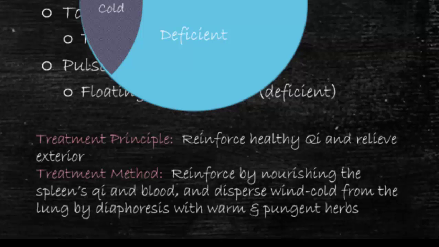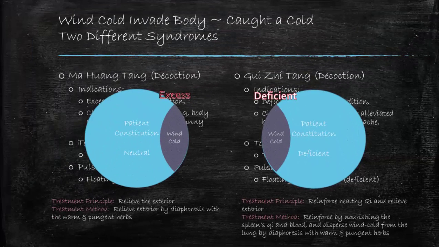So reinforcing the healthy qi becomes a primary goal of Gui Zhi Tang. Compared to the Ma Huang Tang syndrome, there is no nourishing or reinforcing here. We just go directly to relieve the exterior, right? And I will break down the individual makeup of the herbs of each of these formulas later, and show you how they absolutely align to that treatment principle and method.